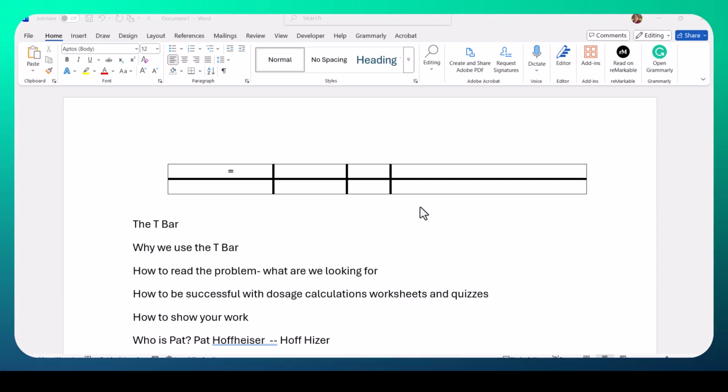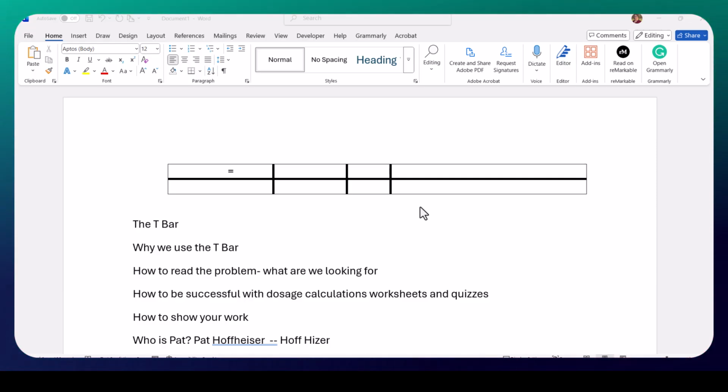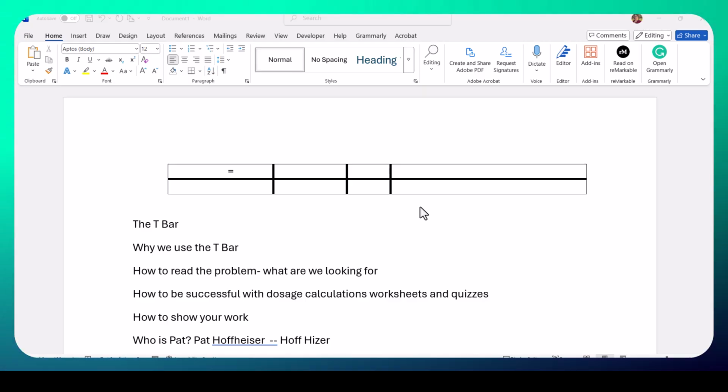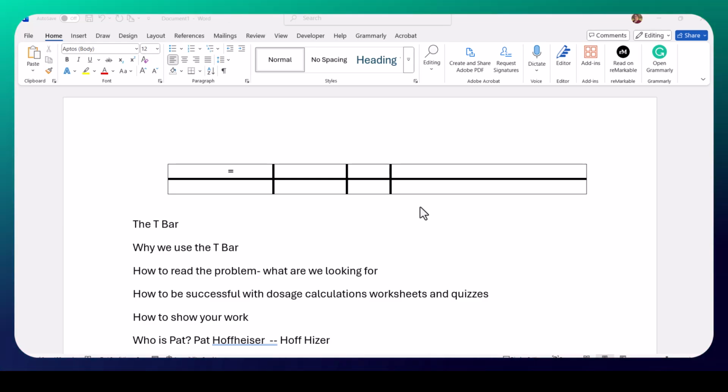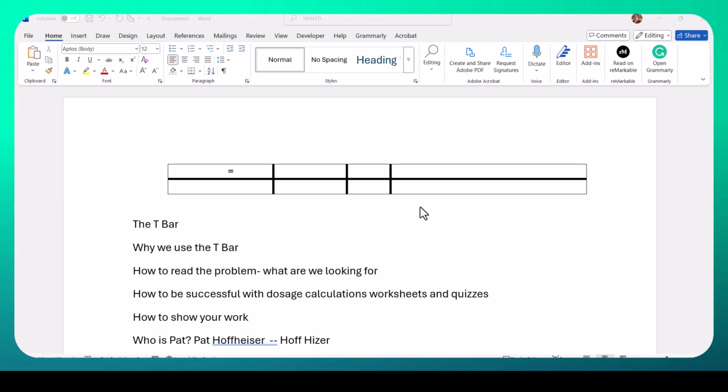What I want to know is, do you, the student, understand how you have to write out a dosage calculation problem? Wow, it's easy. Okay, it's easy right now because we're not too worried about the math part. We're worried about, can the student set this problem up correctly?